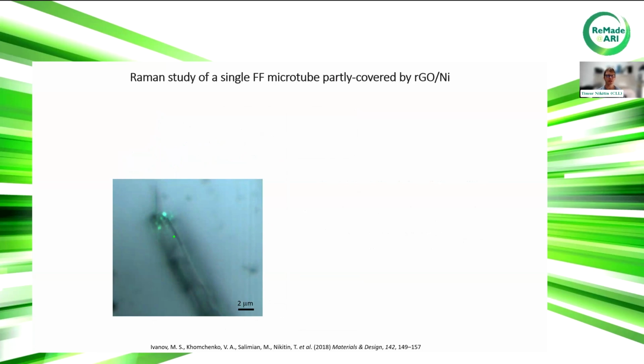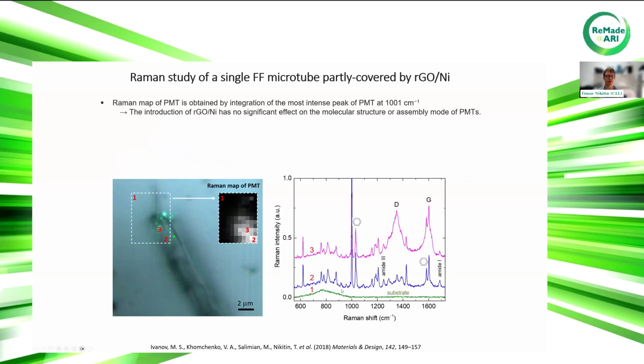So we also made a Raman map, and a Raman line scan, of a single microtube. And we obtained the Raman map here, and the color basically shows that in this region we have the peptide microtubes.